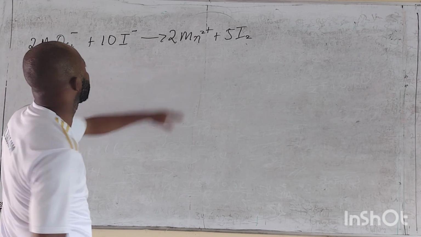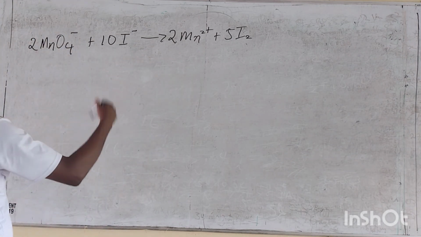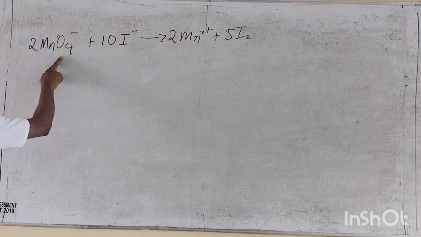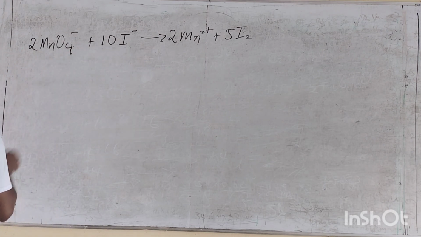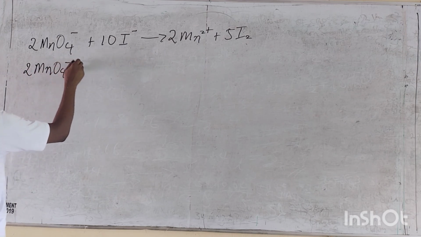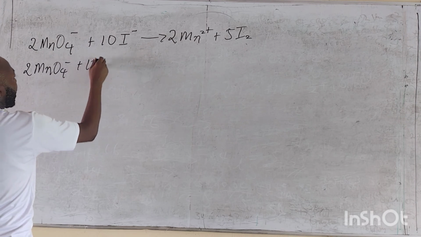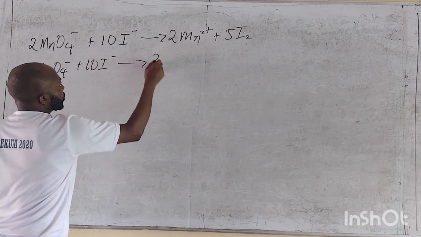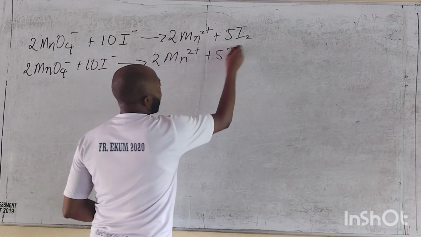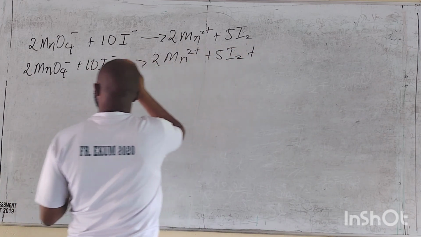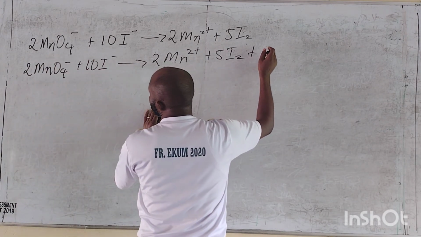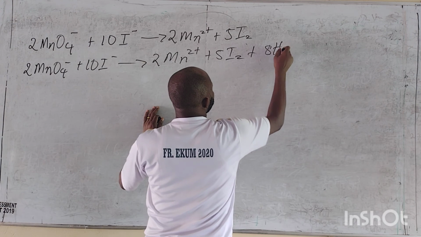Oxygen and hydrogen. Oxygen here is 8. This is 10 iodide. So I have 2 MnO4 minus plus 10 I minus gives us 2 Mn2+ plus 5 I2 plus 8 moles of water.